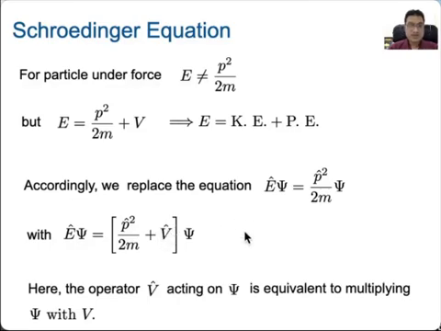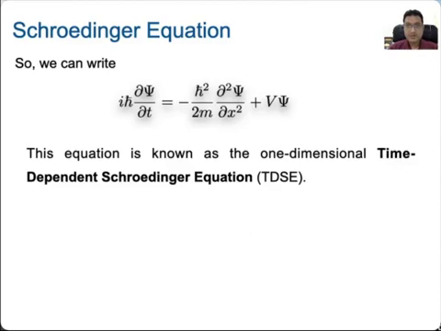The particle is experiencing some kind of potential. Okay, so this is what we have seen. This is in differential form, the Schrodinger equation with some kind of potential, and this is what we now call the time dependent Schrodinger equation, or we will from time to time use the abbreviation TDSE.